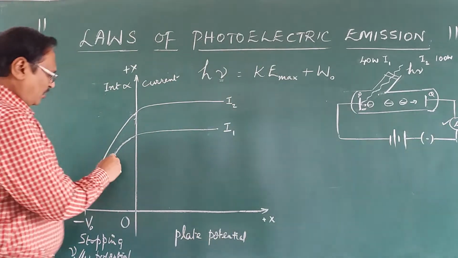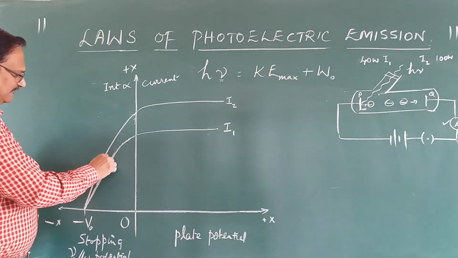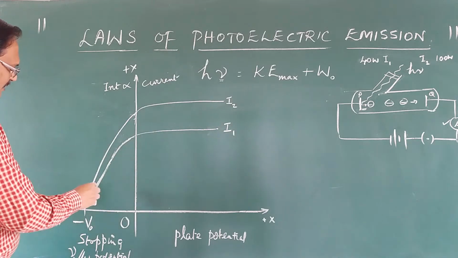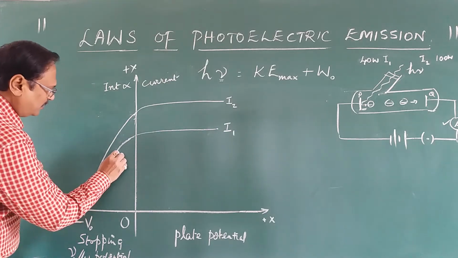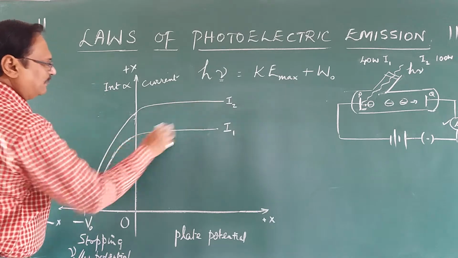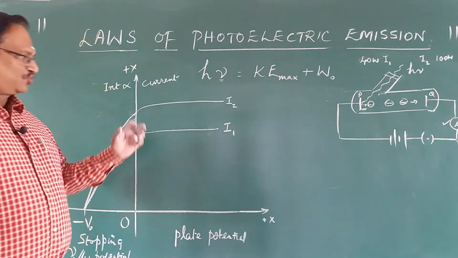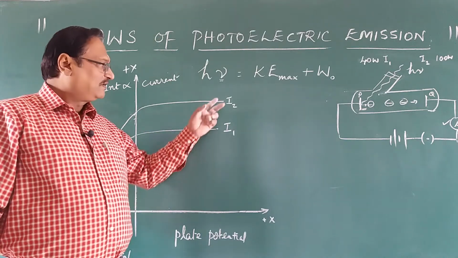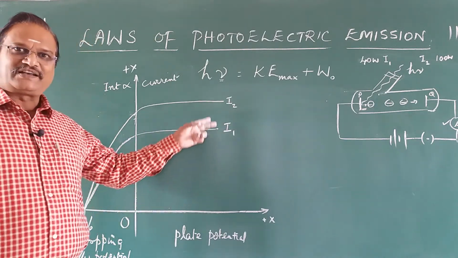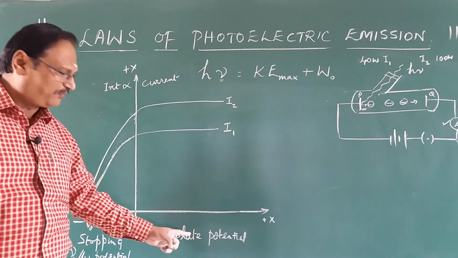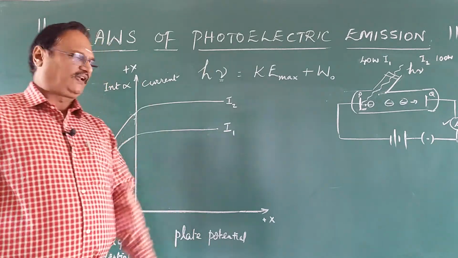So you can draw the graph something like this. It's also okay, or in some books they will converge it a little and increase it somewhere. Both are one and the same, it does not matter. So this is photoelectric current or intensity with the plate potential. This is what I have done.